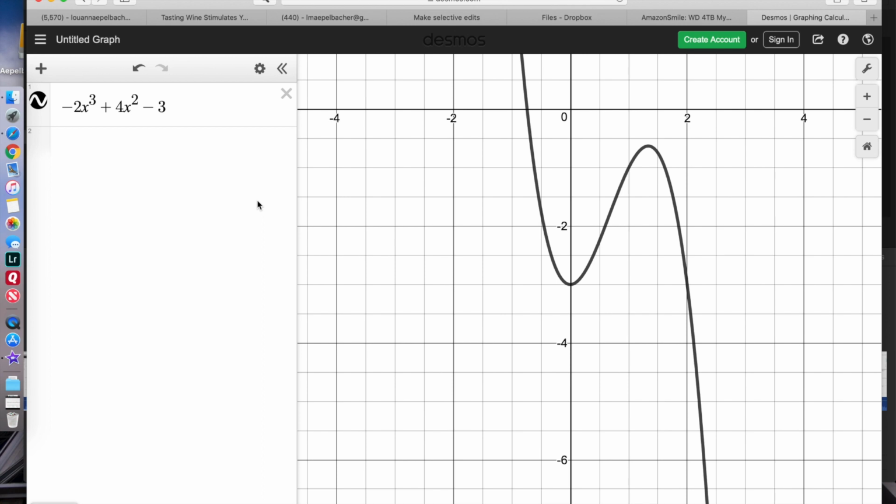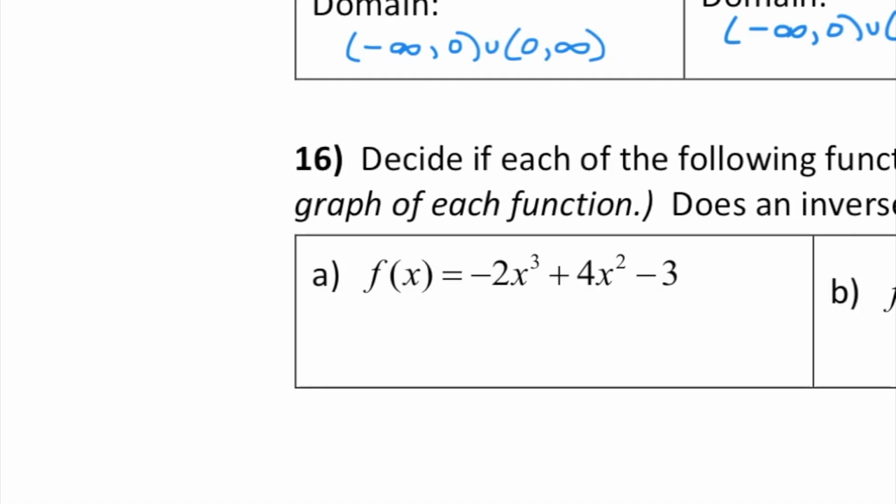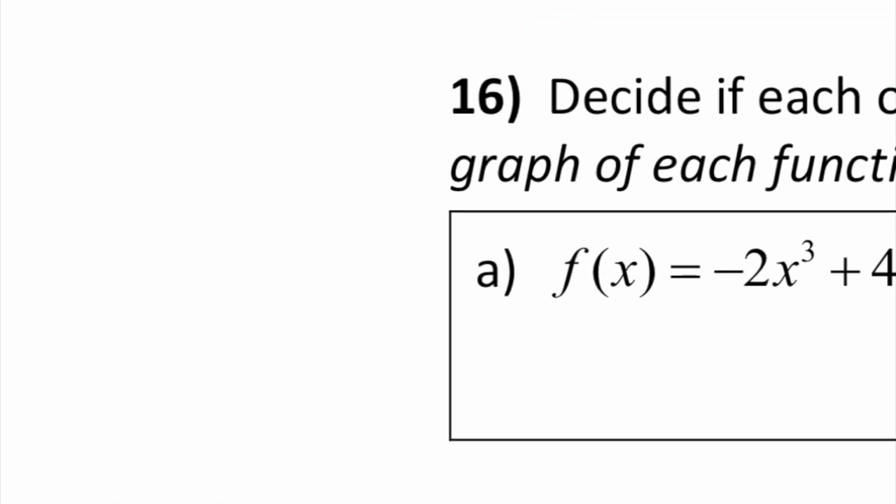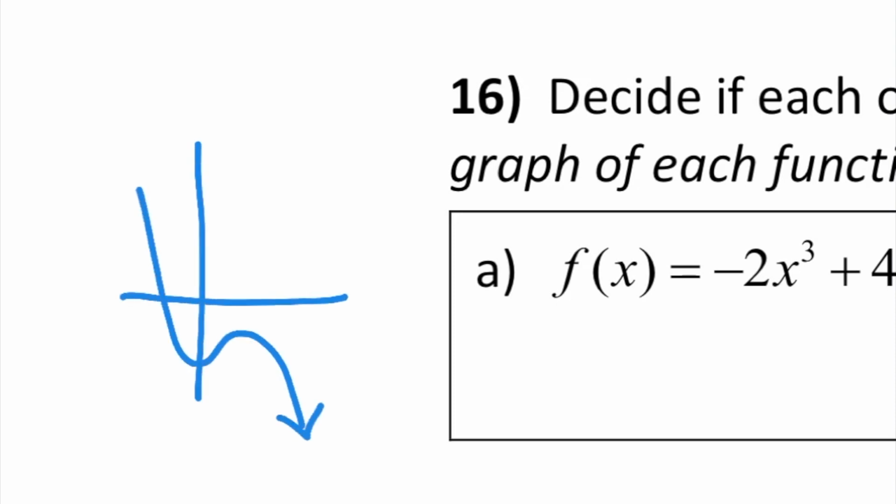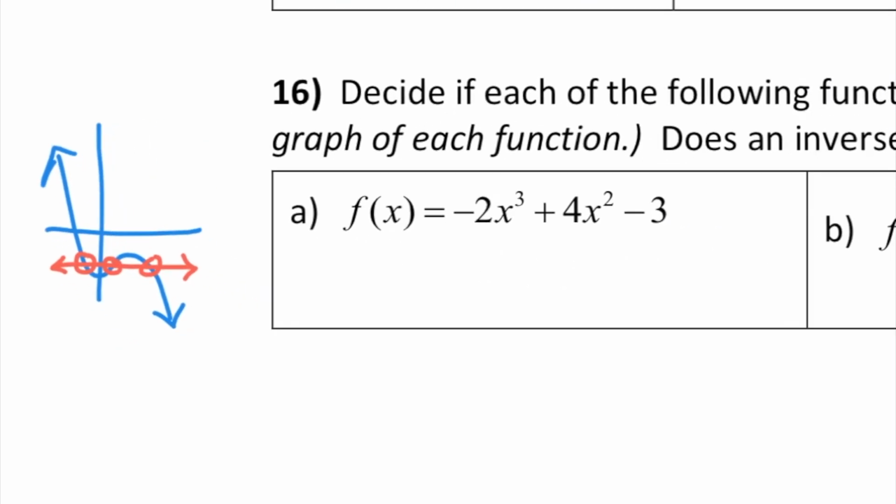Therefore, it's not 1 to 1, and therefore it's not a function that has an inverse function. So for example, this first graph is going to look something like this, and it's a function because it passes the vertical line test, but it's not 1 to 1 because it doesn't pass a horizontal line test. Therefore, this is not 1 to 1, and therefore no inverse function exists.